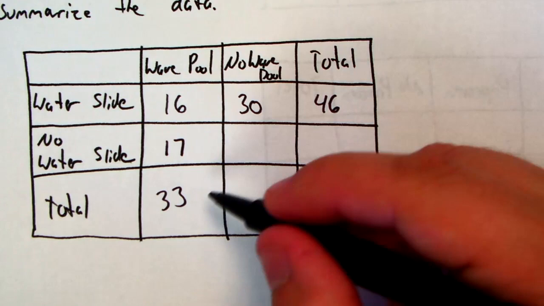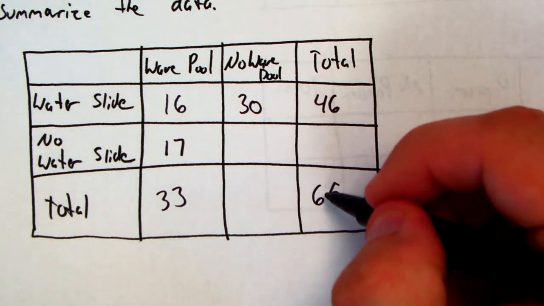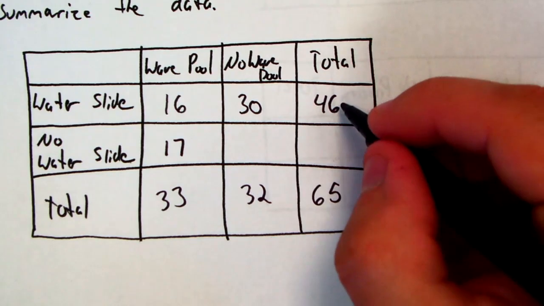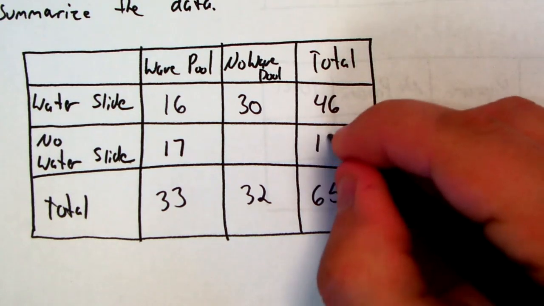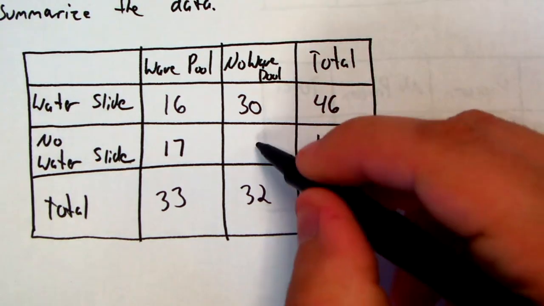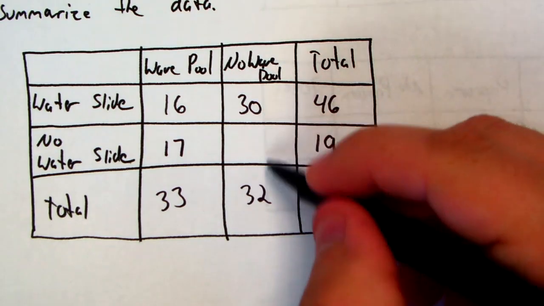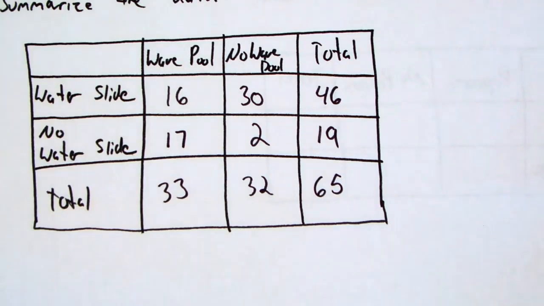Now, we can either go this way to figure out 33 plus what is 65, and in that case, that'd be 32. And then we can go down this way, 46 plus what is 65, well, that'd be 19. And then this number, 17 plus what is 19, or 30 plus what is 32, regardless, that's two of them. And that's how you construct a two-way table.